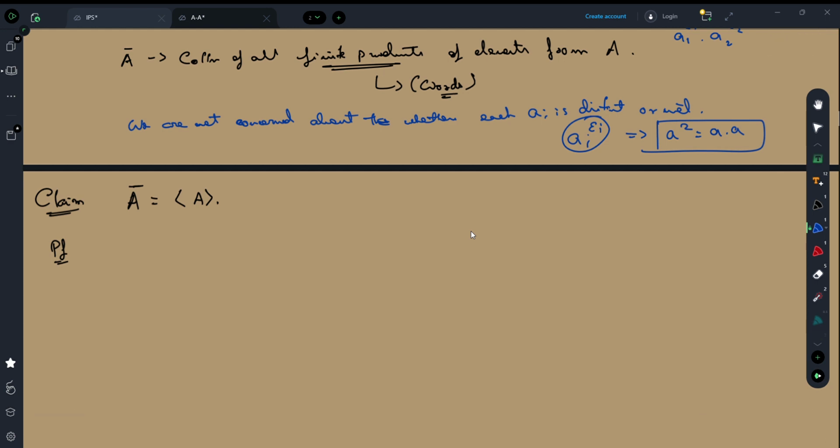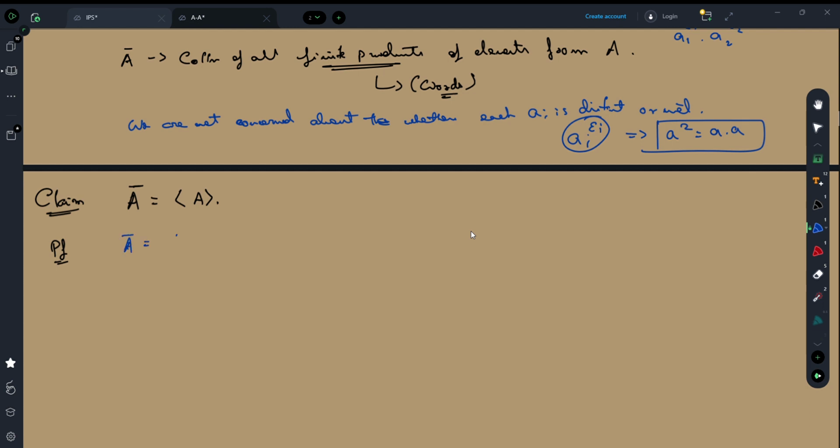Proof. Okay. How do we prove this? Obviously, our procedure will be to show a two-sided inclusion. Now, is A bar empty? A bar is clearly non-empty, because even if A is empty, A bar is {1}, the set containing only the identity. If A is non-empty, then A bar is obviously non-empty by its given structure. We are imposing one more restriction, that even if A is empty, A bar is at least the singleton {1}.